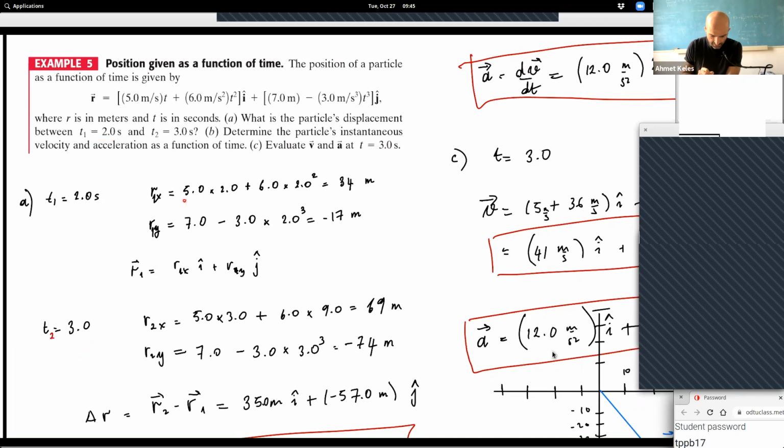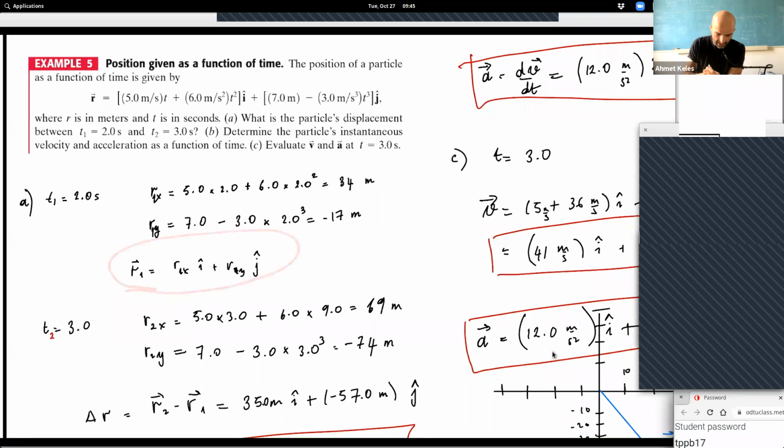I just put 5 times 2 seconds plus 6 times 2 squared, which is 34 meters. And for the second one, r1y, I have 7 minus 3 times 2 seconds cubed, and it's minus 17.